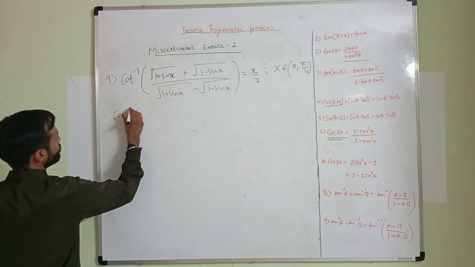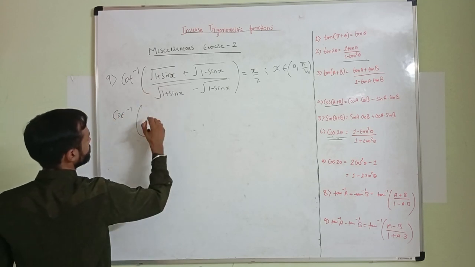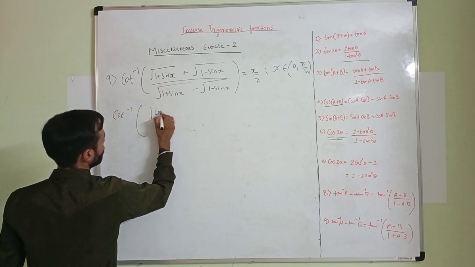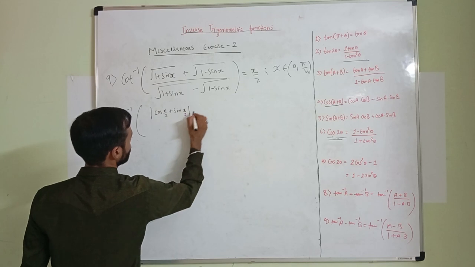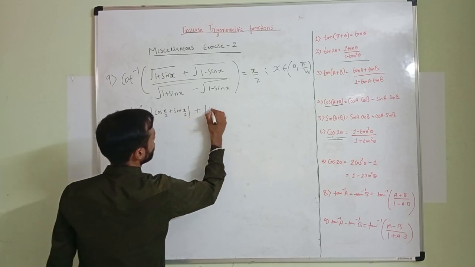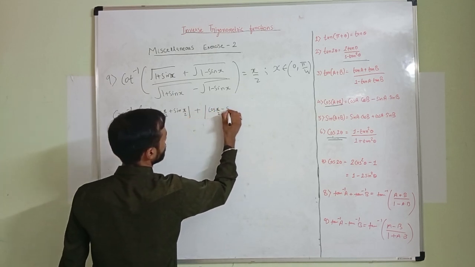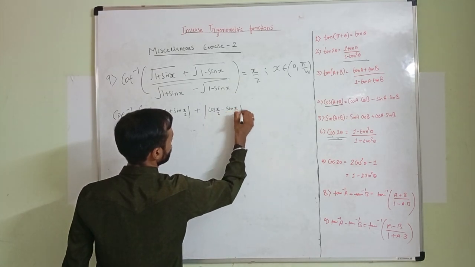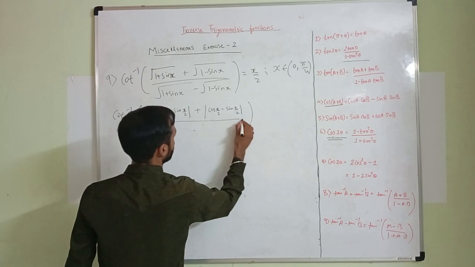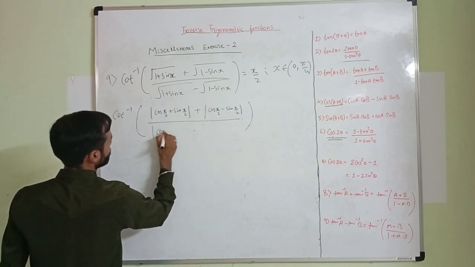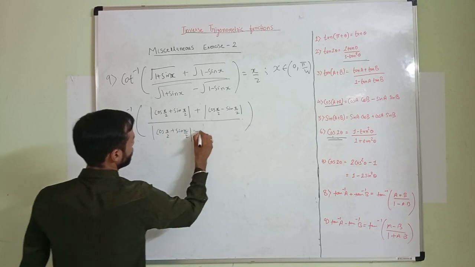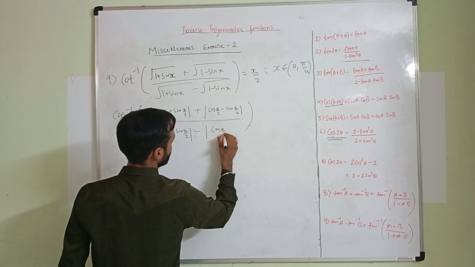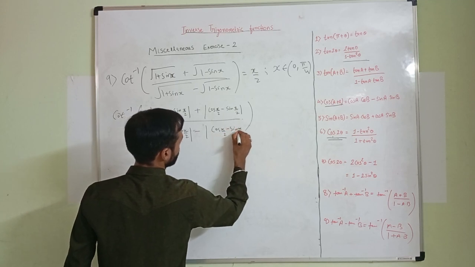So here cot inverse of square root of 1 plus sin x will be mod of cos x by 2 plus sin x by 2 plus cos x by 2 minus sin x by 2, upon cos x by 2 plus sin x by 2 minus cos x by 2 minus sin x by 2.